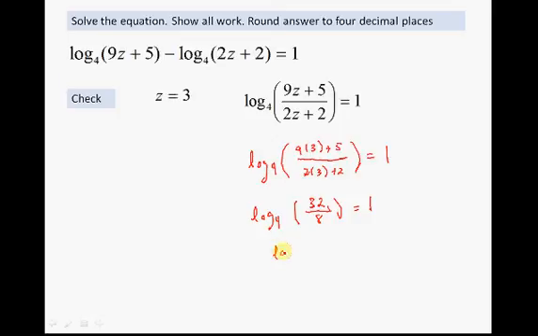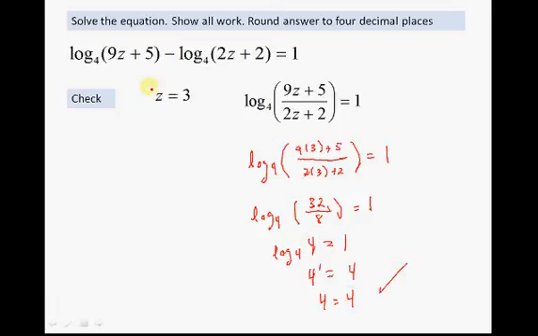So we end up with log base 4 of 4 equals 1, and applying our definition of logarithm, we end up with 4 to the first equals 4. Therefore, 4 equals 4. So it checks out.